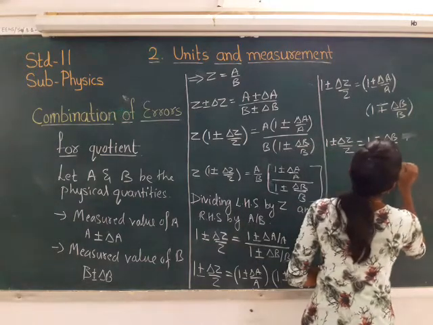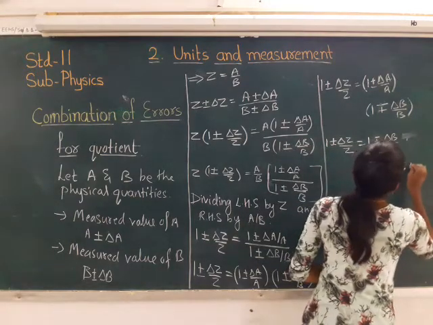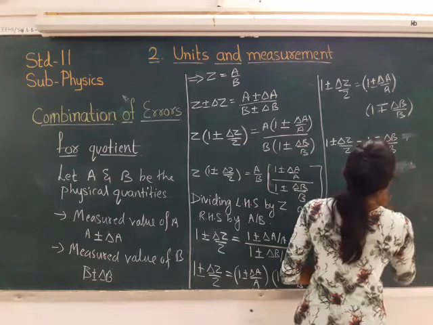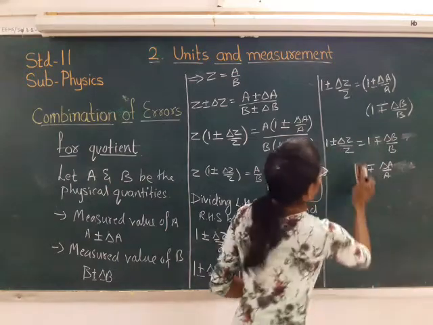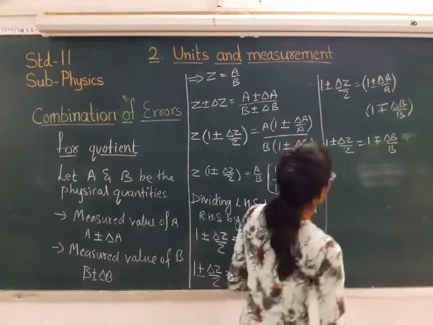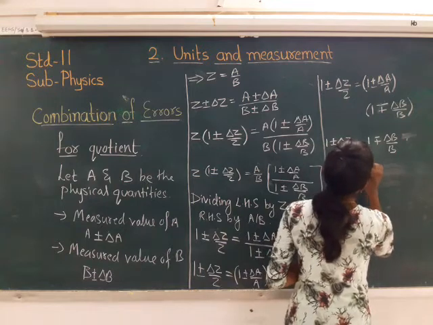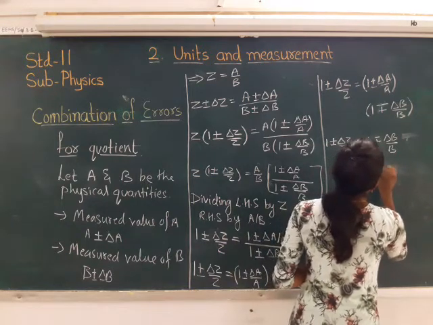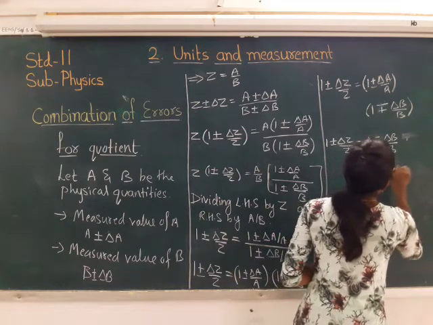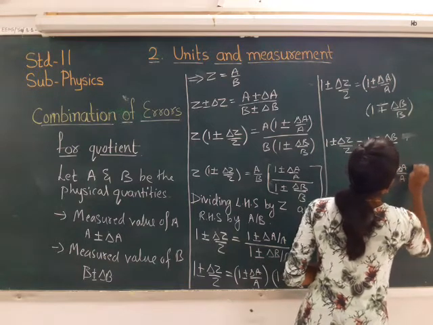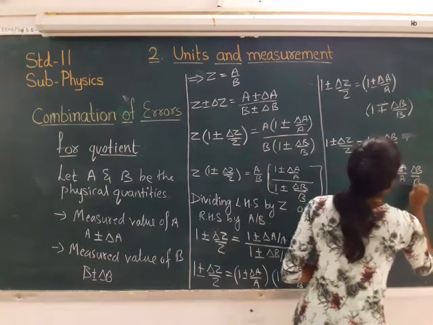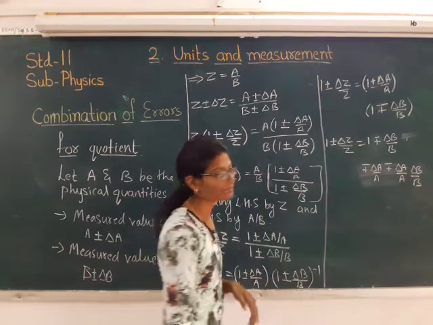So it can be rewritten as minus plus delta a by a delta b by b.